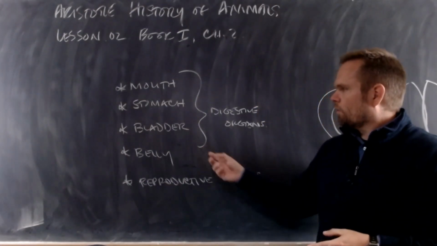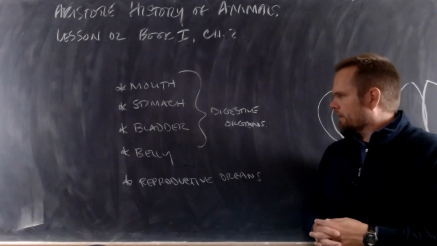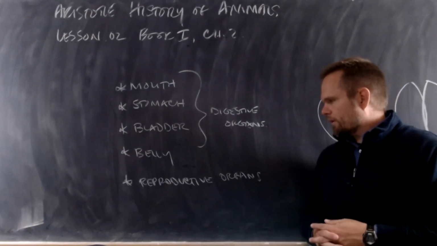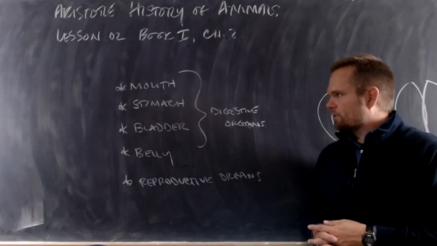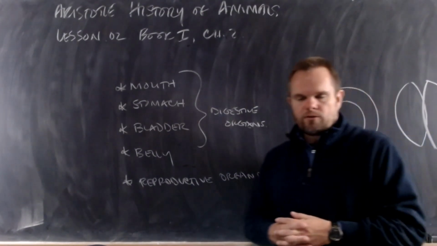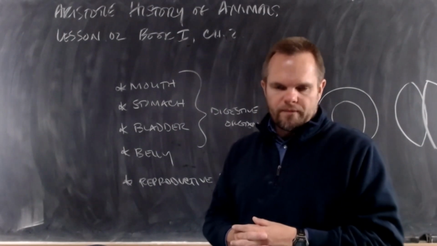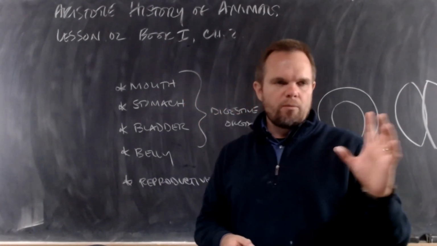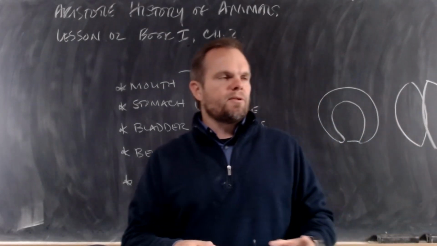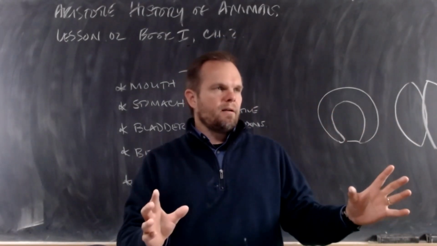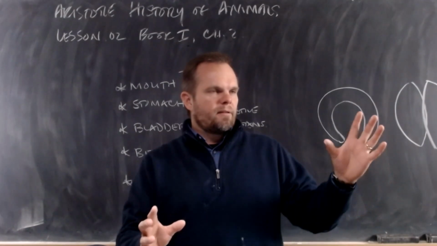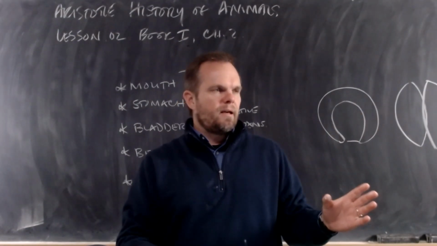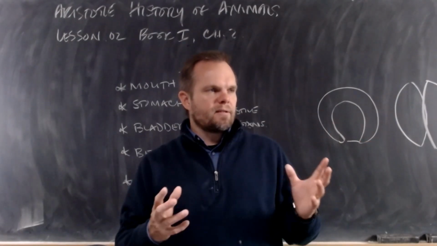Excrement is that part of the food that animals get rid of. The digestive organs, make sure you know what the essential digestive organs are, and then the reproductive organs. Okay, so that's what Aristotle introduces to us in Chapter 2, the essential organs of animals. And like I said, when we study animals, we want to compare animals and think of what they have in common, and then we want to see what they have that's different between them.